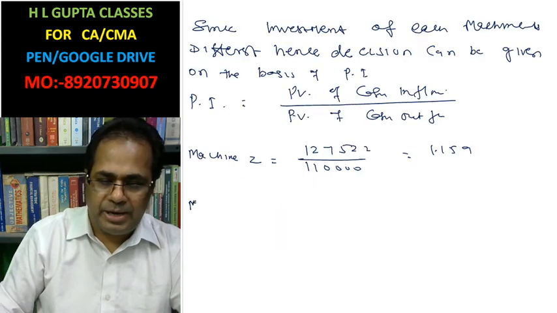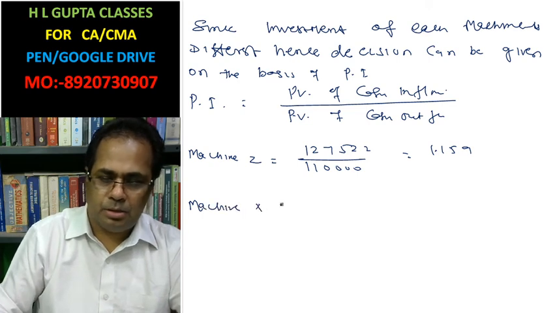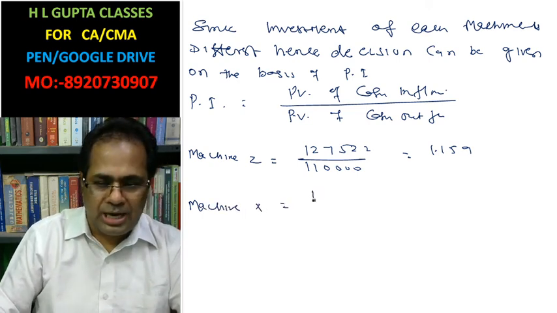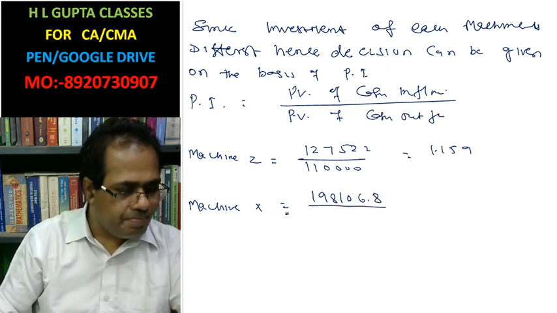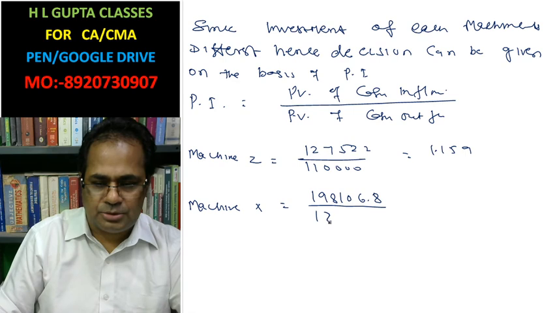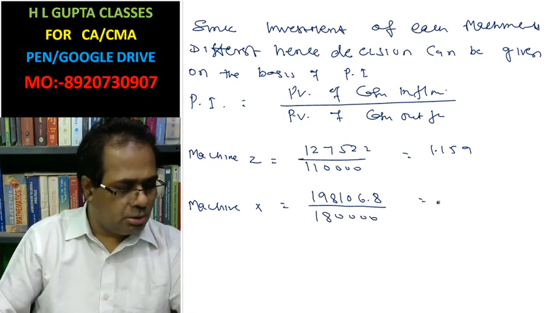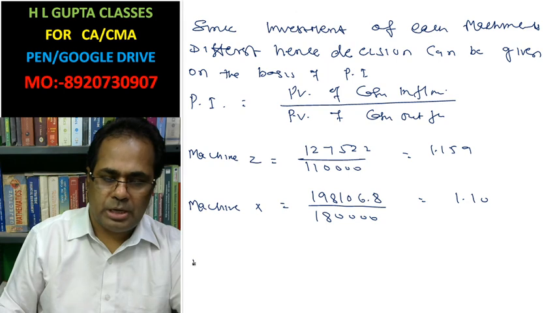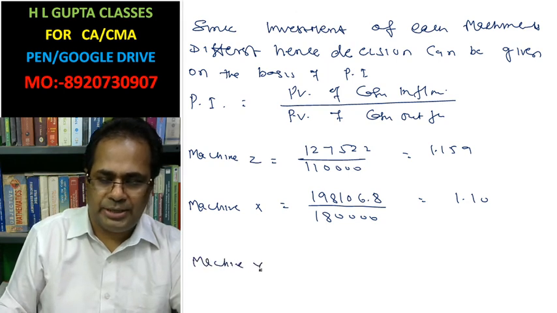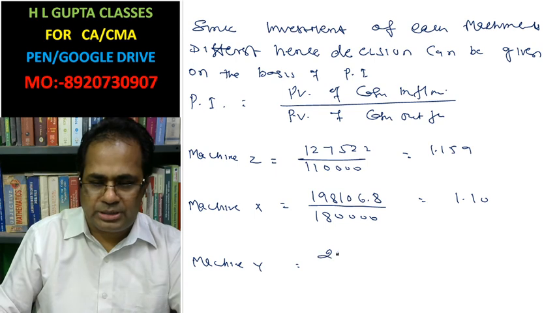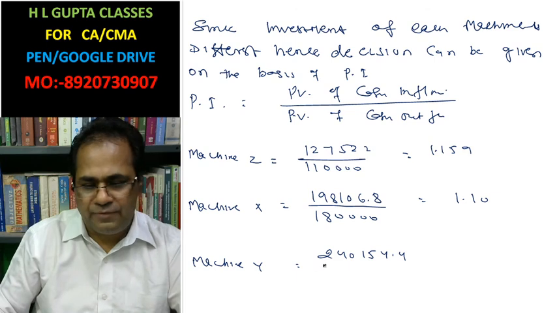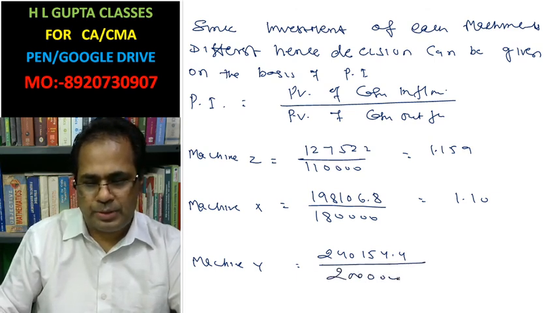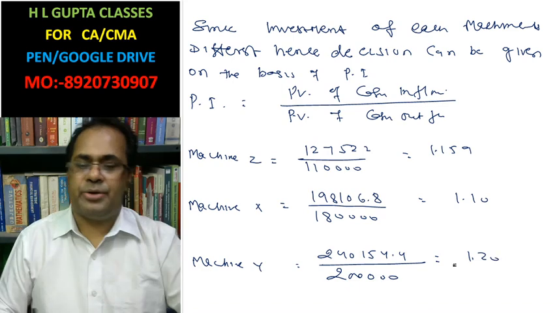Machine X: 1,98,106.8 divided by 1,80,000. This is 1.10. And machine Y: 2,40,154.4 divided by 2 lakhs, 1.20.